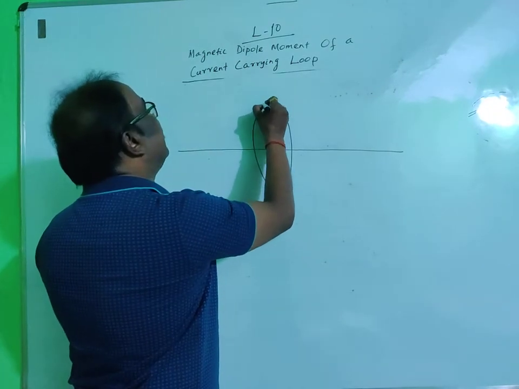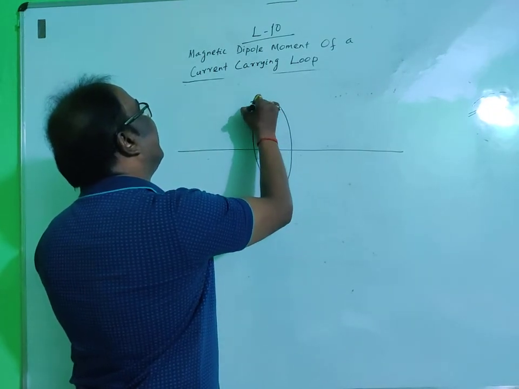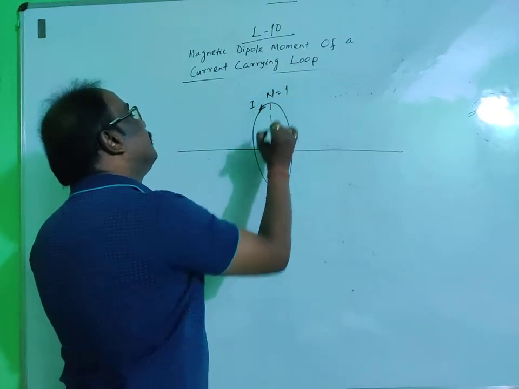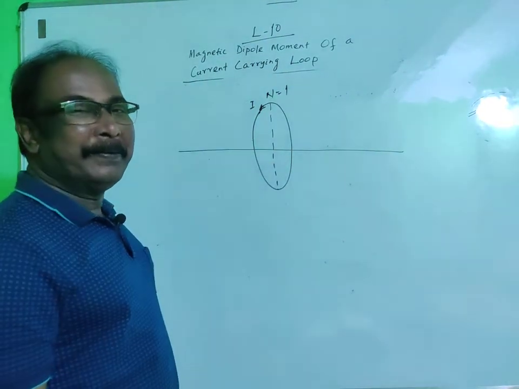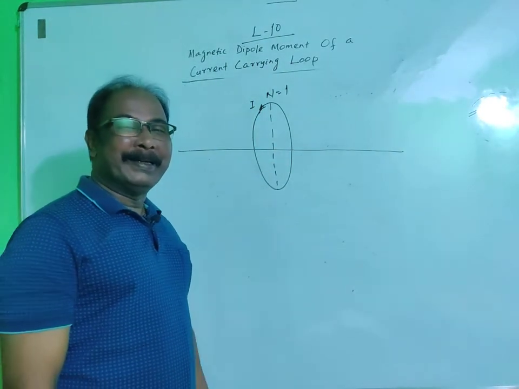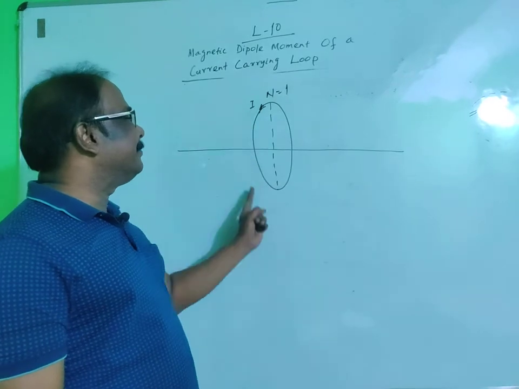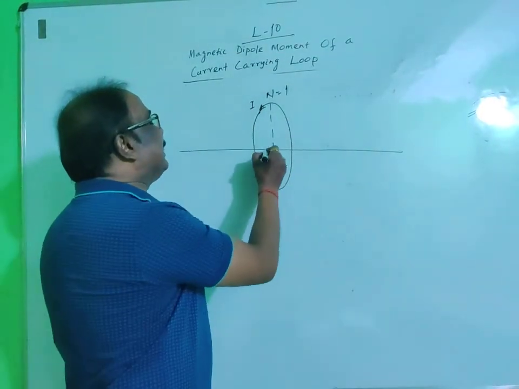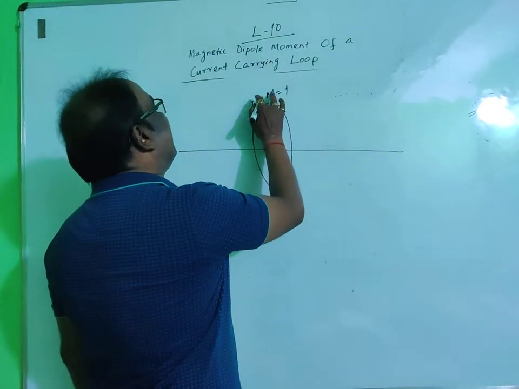Let the current flowing be I. The number of turns is 1. We may take 100 turns, 1000 turns, 20 turns, 50 turns, whatever it may be. Here the number of turns is 1. So this is the center of the circular coil.